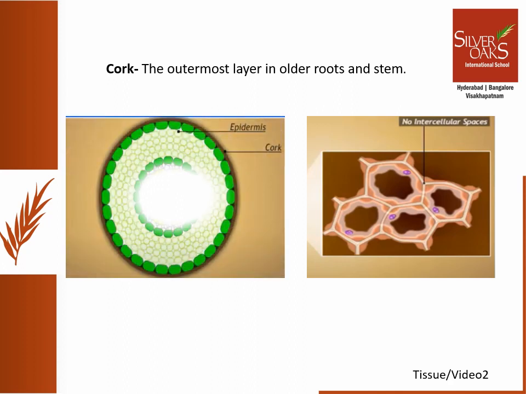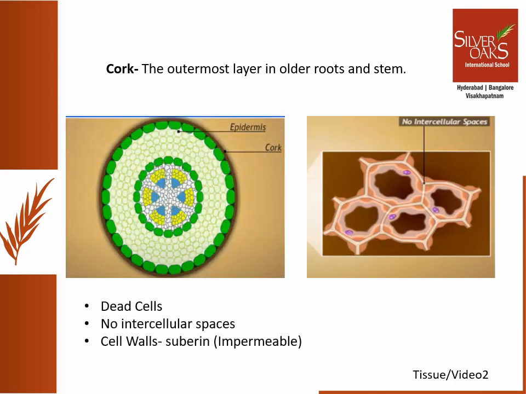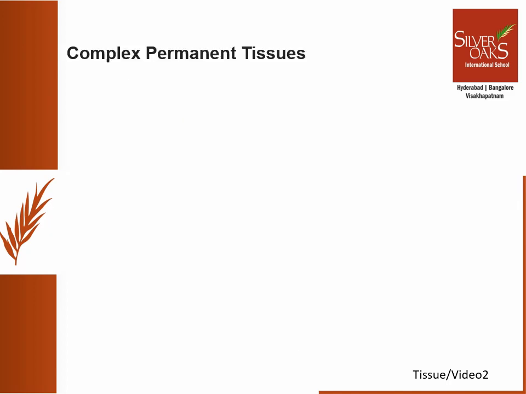These are made up of dead cells and they do not have intercellular space between them. The cell walls of cork cells are made up of suberin. Because of this chemical suberin, they are impervious to the gases and water. Therefore, the exchange of gases and water in mature plant parts is regulated with the help of the suberin which is present in the cork tissues.